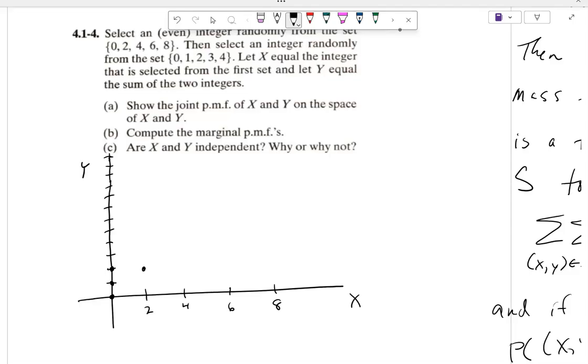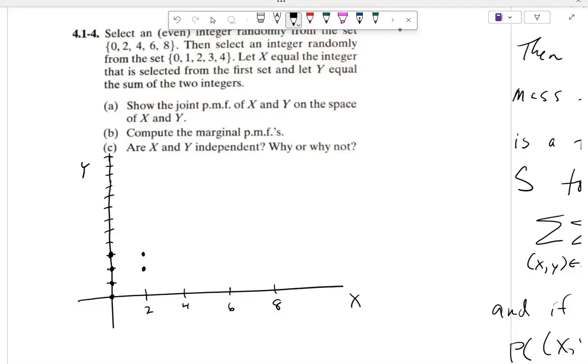The x is 2 or 0, those are the two possibilities for that one. Remember, y here is representing the sum, not the value we're picking out of the second set. It says the random variable is the sum.